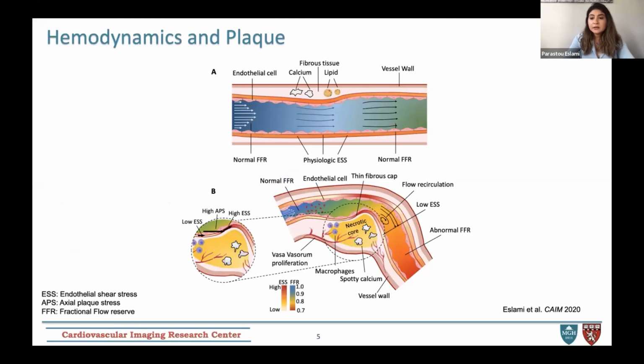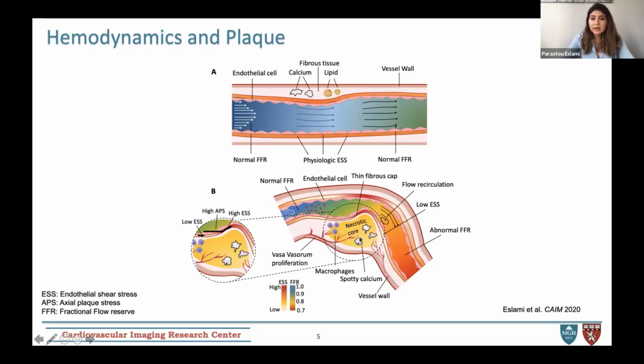Now, there are other hemodynamic factors that can be solved through CFD. One of them is endothelial shear stress, or ESS, which is a tangential frictional force against the wall imposed by the hemodynamics. Here on the top, I'm showing you an undisturbed flow with normal FFR and physiological shear stress.